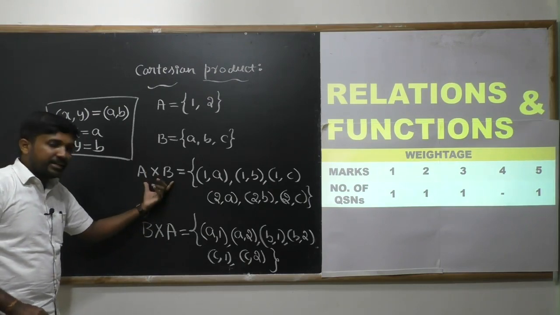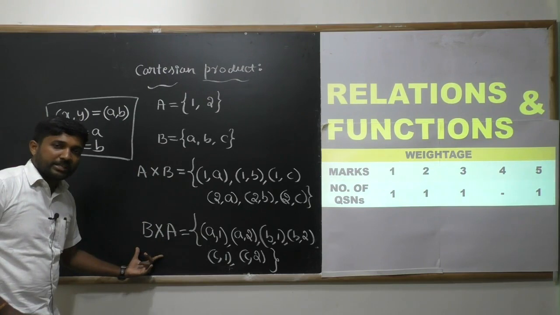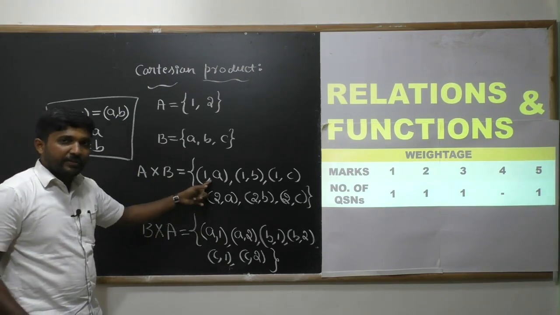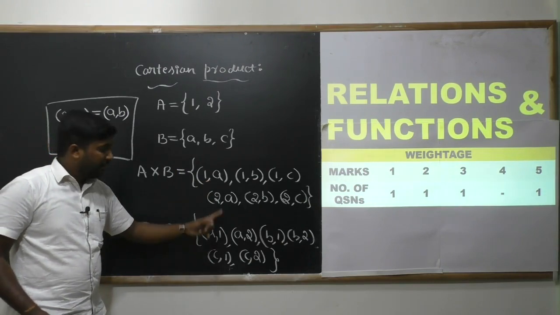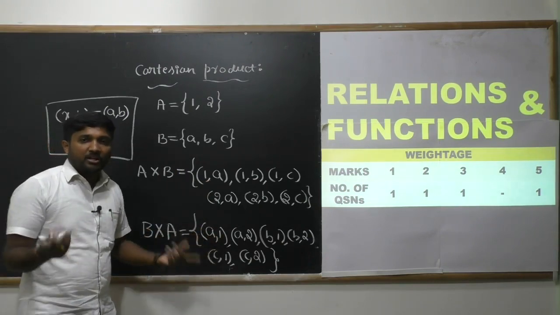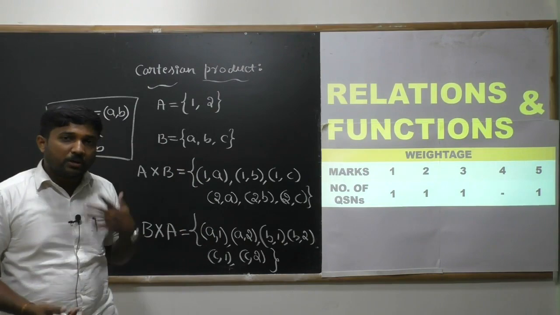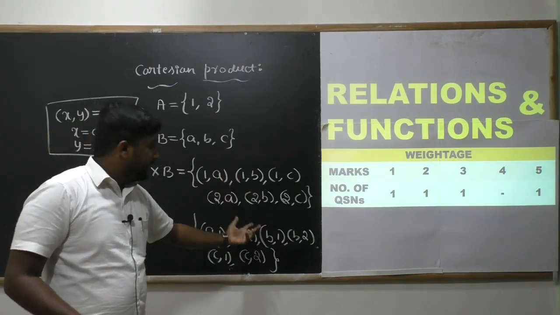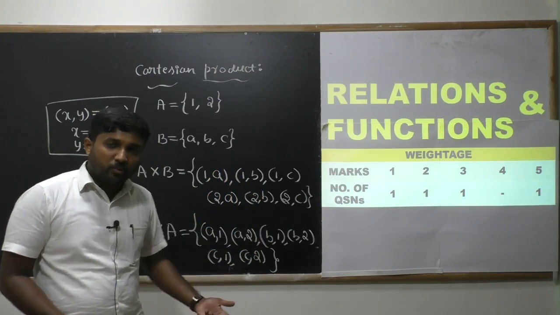We have written A cross B and B cross A. Are they equal? No. Here we have ordered pair 1 comma a, but here a comma 1, and ordered pair 1 comma a need not be equal to ordered pair a comma 1. Similarly, ordered pair 1 comma b need not be equal to ordered pair b comma 1.